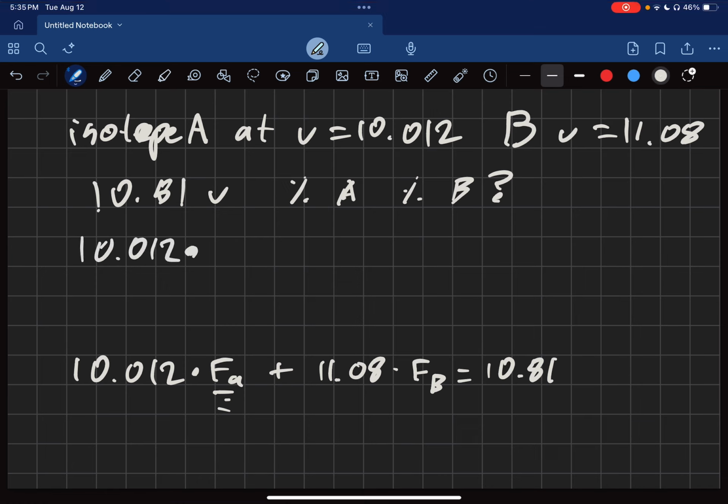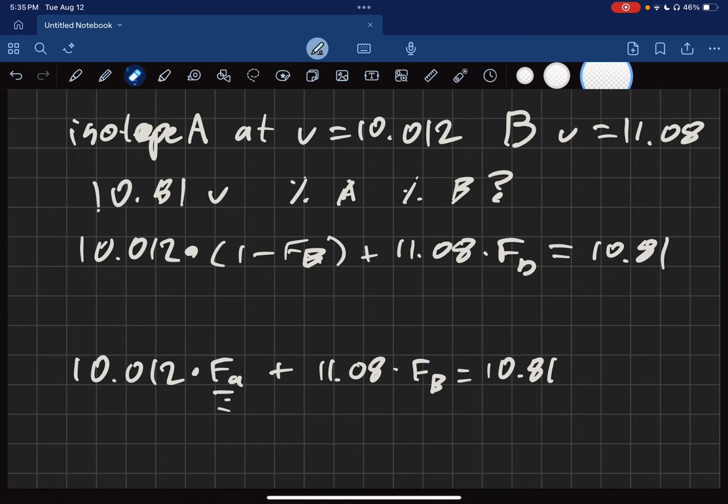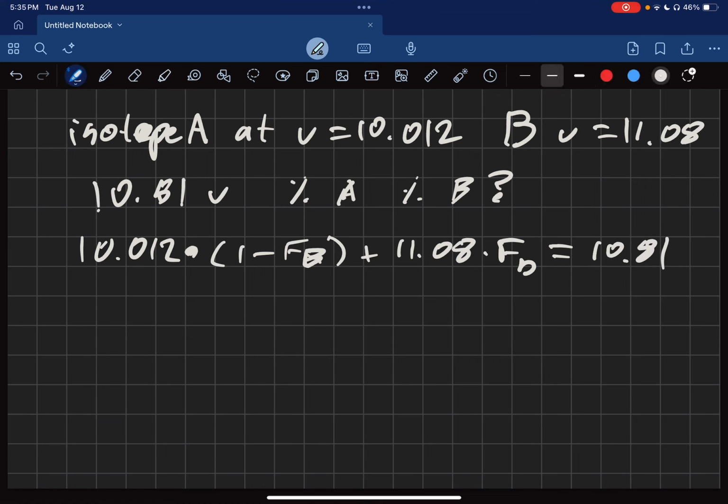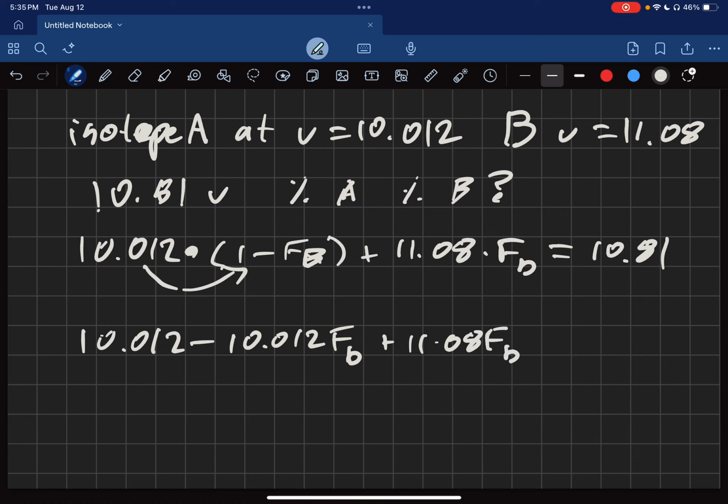10.012 times 1 minus FB plus 11.08 times FB equals 10.81. Now let's distribute this, and we'll get 10.012 minus 10.012 FB plus 11.08 FB equals 10.81.